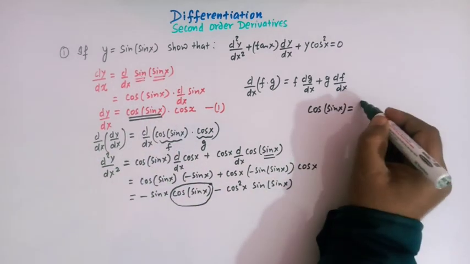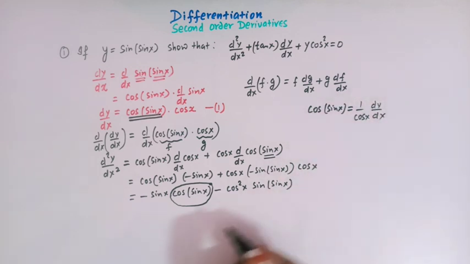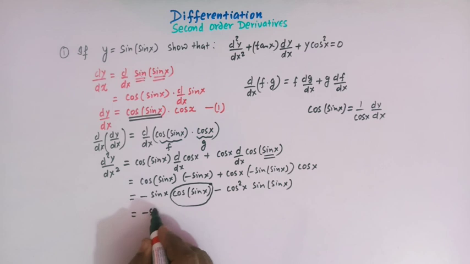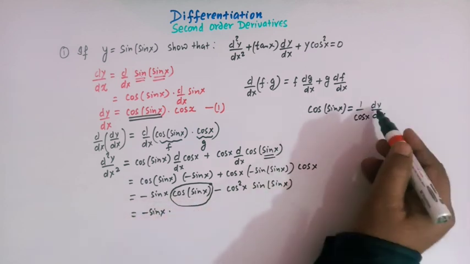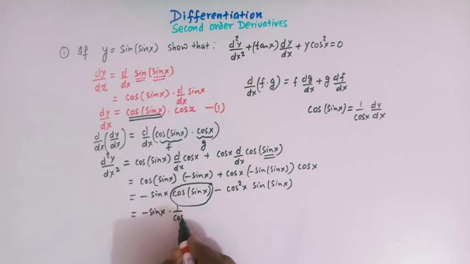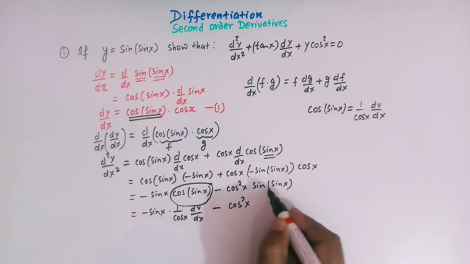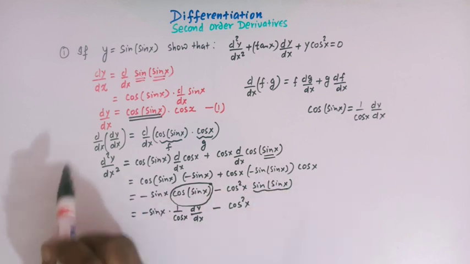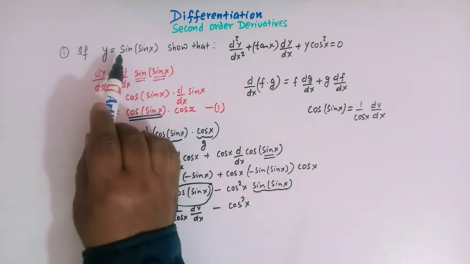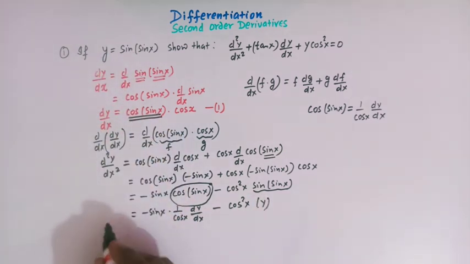So now we have minus sine x times 1 over cos x times dy over dx, and then cos square x, and for sine of sine x we have y, since sine of sine x can be replaced by y. So now we have this expression.